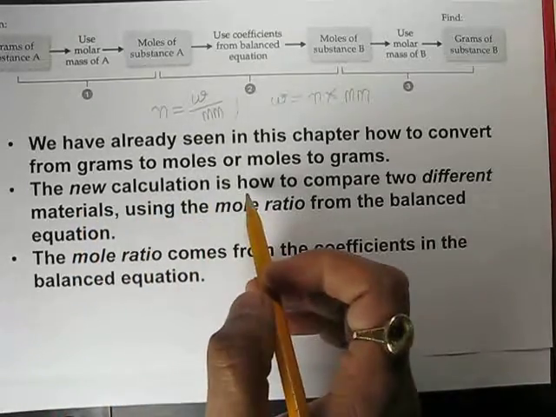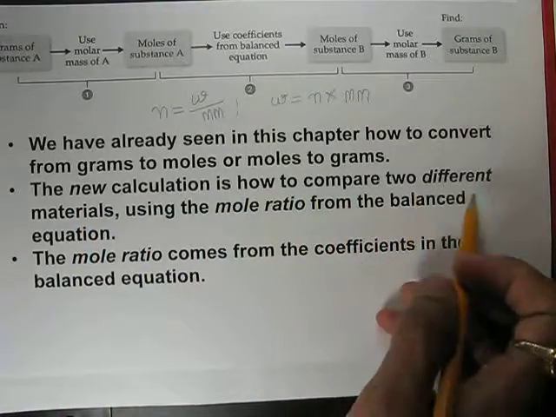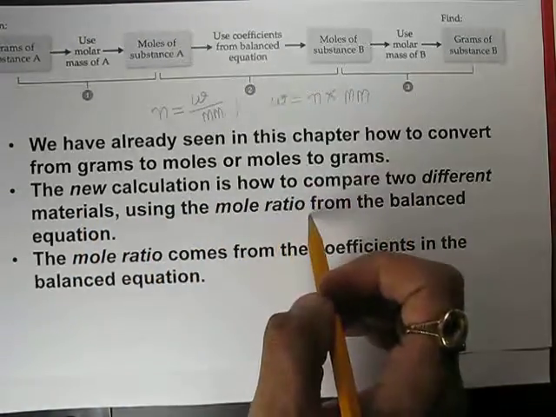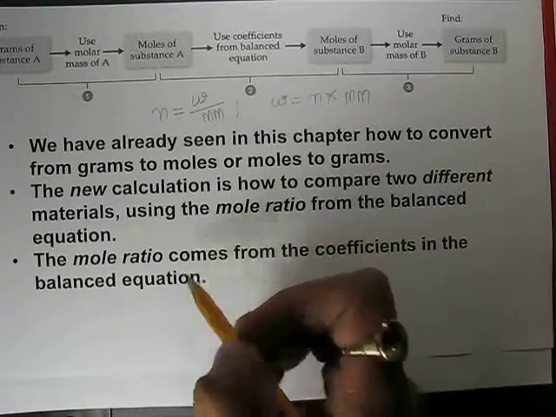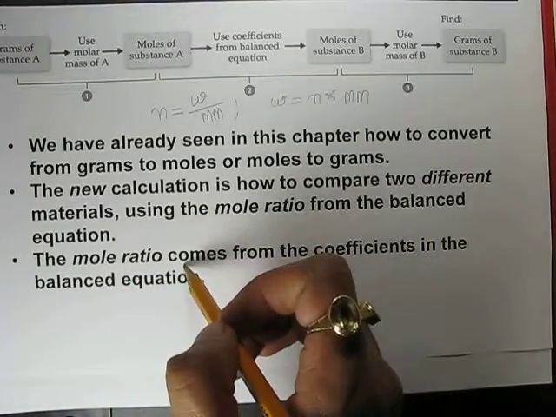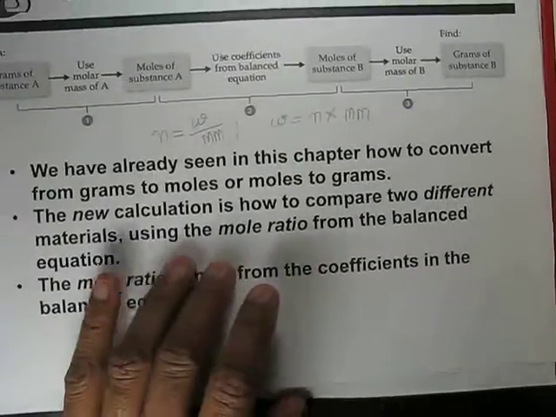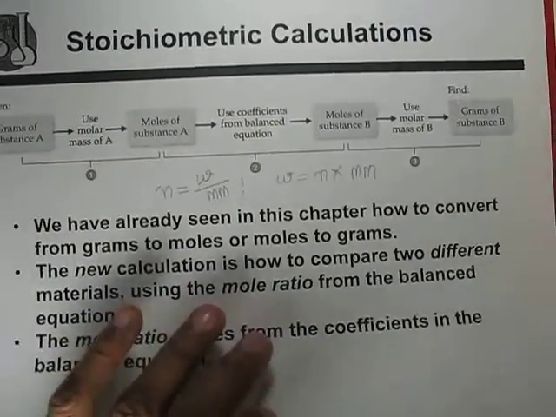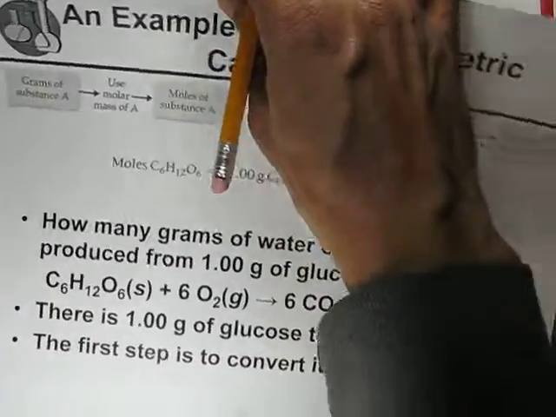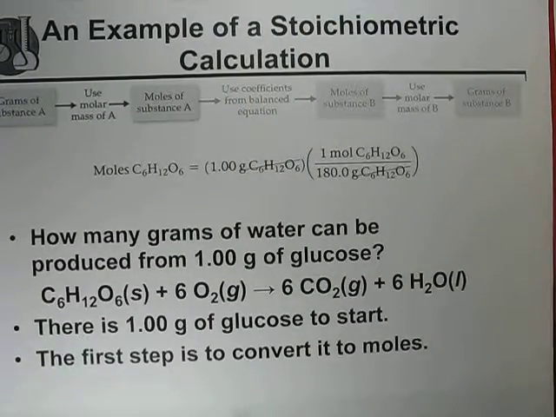So the new calculation is how to compare two different materials using the molar ratio of the balanced equation, and the mole ratio comes from the coefficients in the balanced equation.